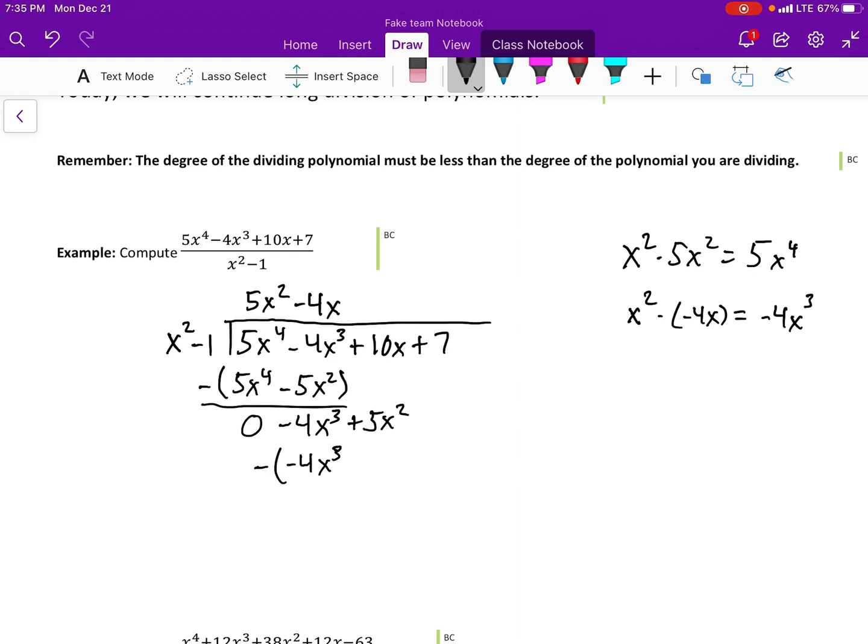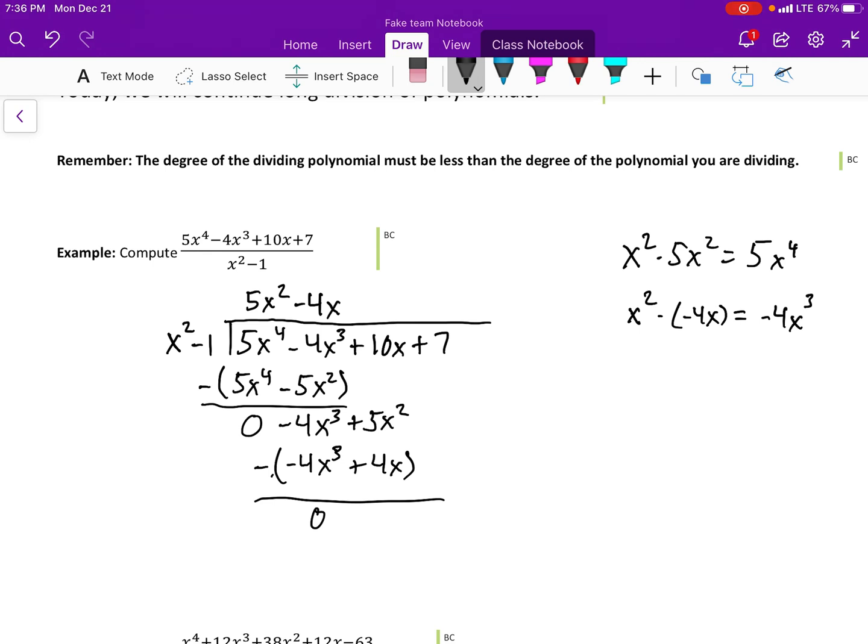And when I multiply negative 4x times negative 1, that actually gives me a positive 4x. And so what we have is negative 4x to the third minus negative 4x to the third. So again, two negatives. So negative 4x to the third plus 4x to the third is 0.